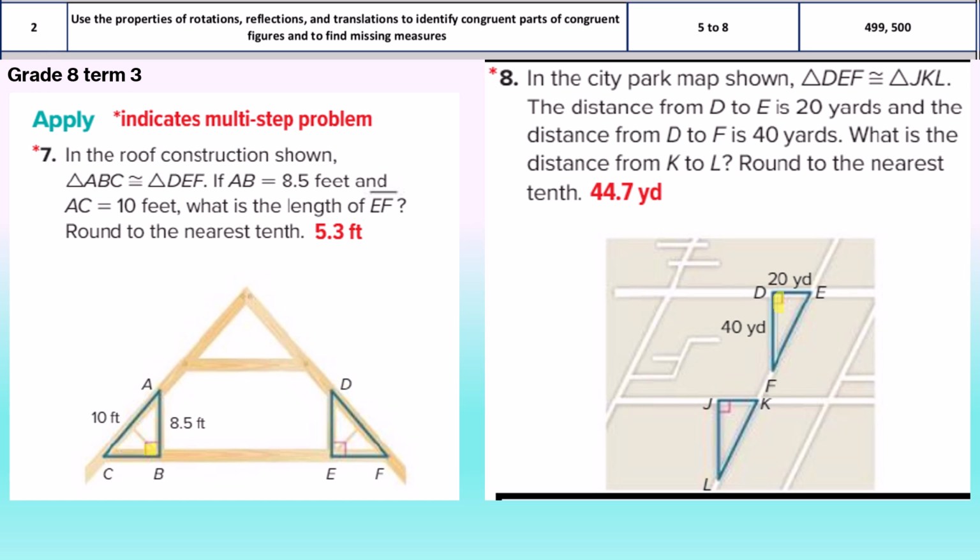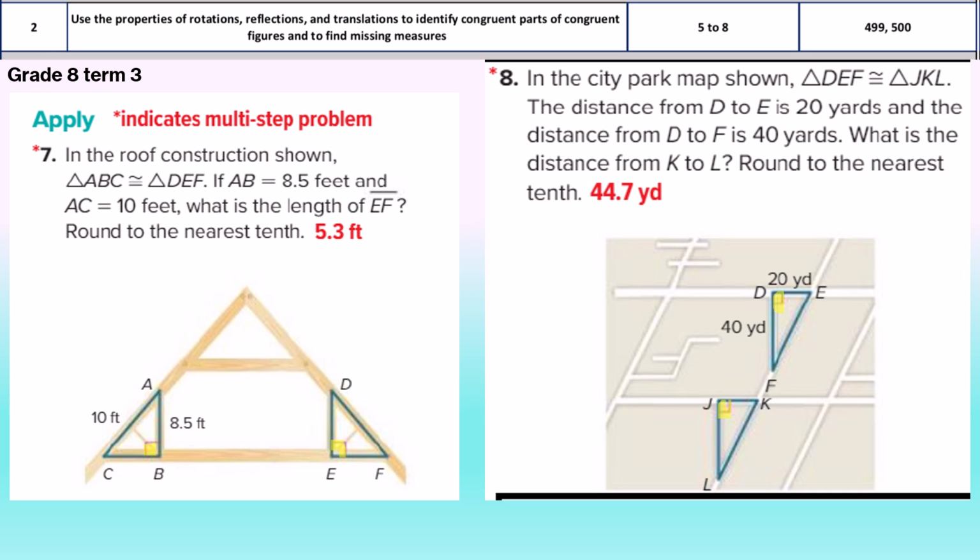We know that triangle ABC is congruent to DEF. So we are still looking at congruency. Triangle DEF is congruent to triangle JKL.